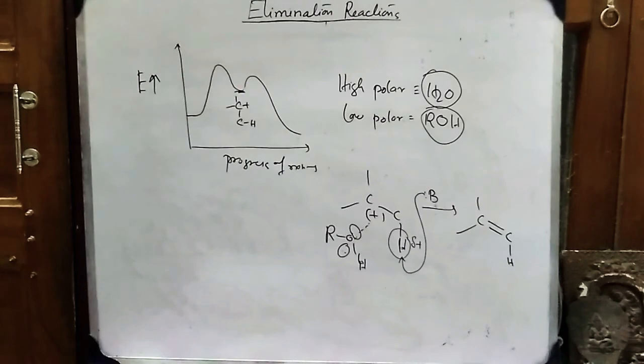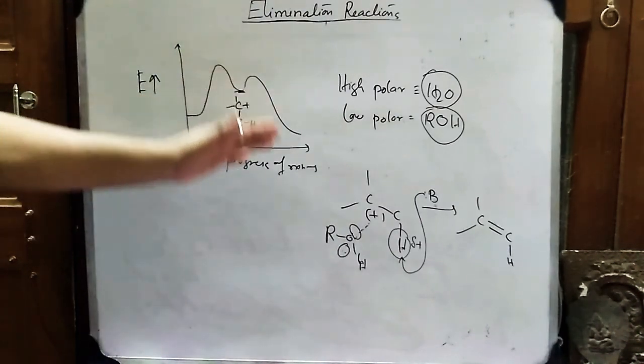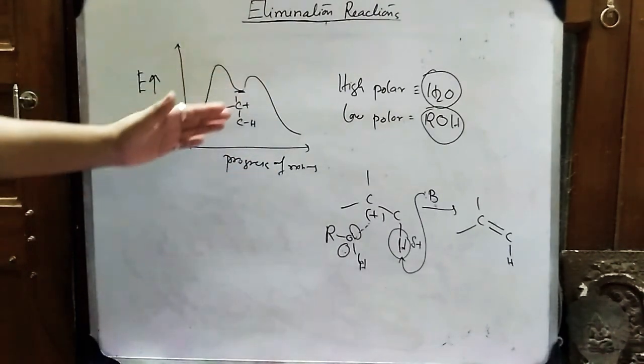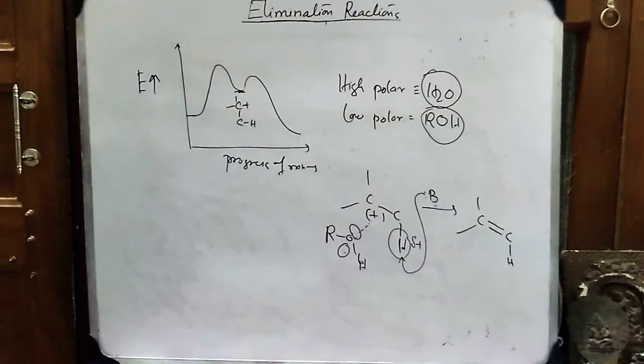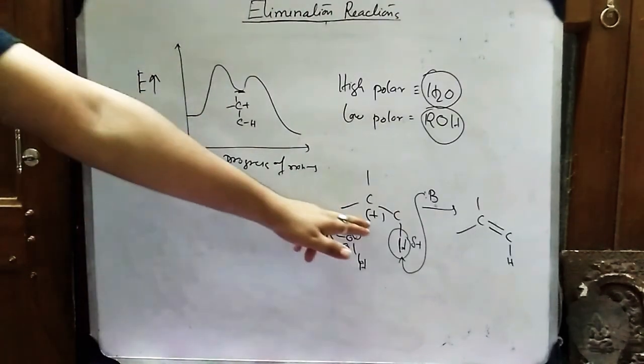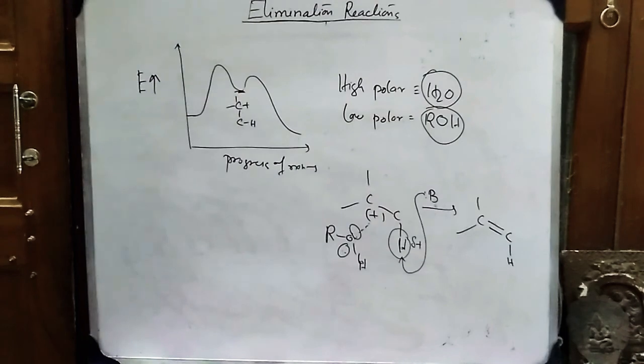This is the solvent specificity. Solvent specificity tells me directly that the solvent should be of low polarity, that is alcohol, or sometimes we can use DMSO or acetone, so that the caging of this carbocation is not too strong and only the stabilization of carbocation takes place.